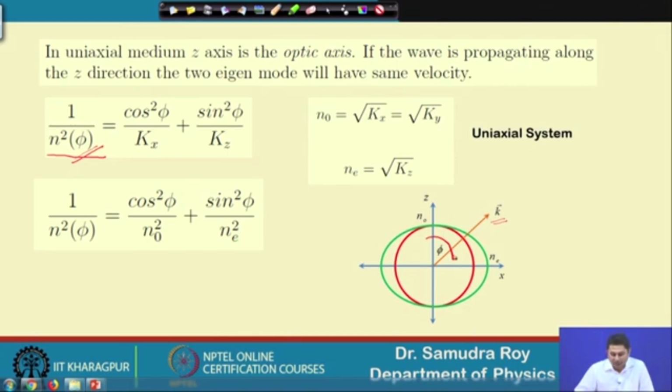Now if I launch the k vector in any arbitrary direction, for example here in this figure, then there is a difference between the refractive indices. You can see two circles are drawn here, which we call index surfaces.